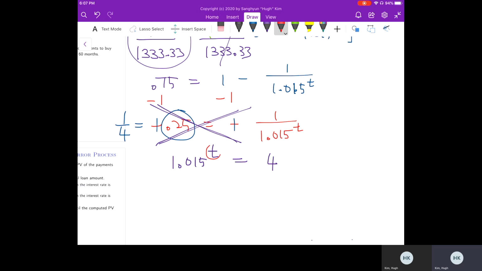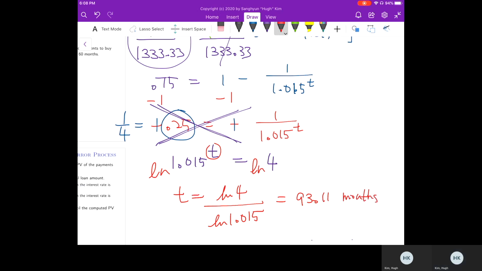So the t is in the exponent, so we can take logs to knock this off, right? So t is equal to log of 4 over log of 1.015. So that is equal to 93.11 months.